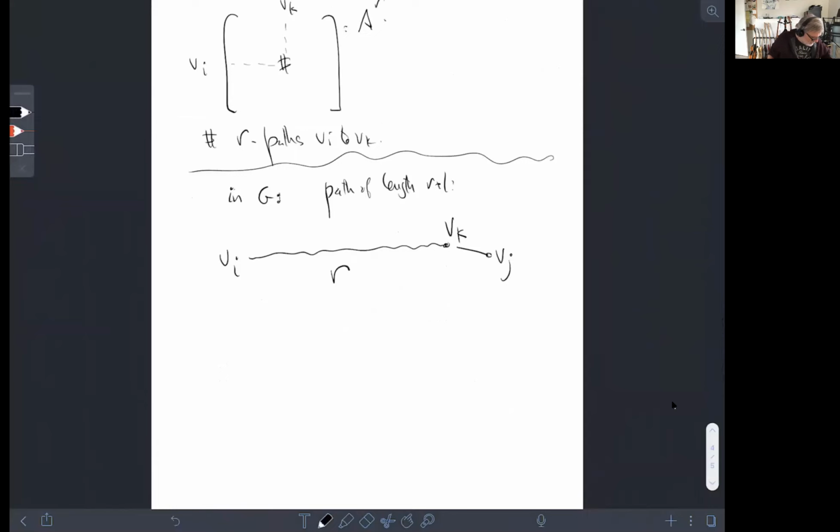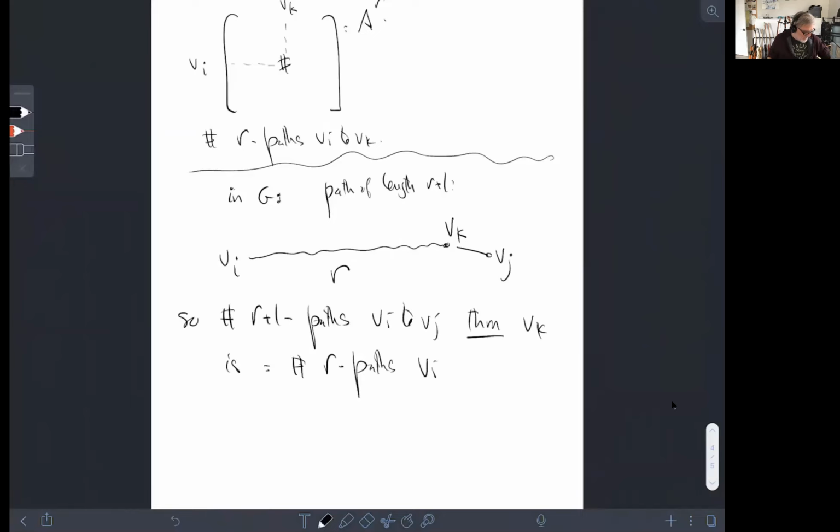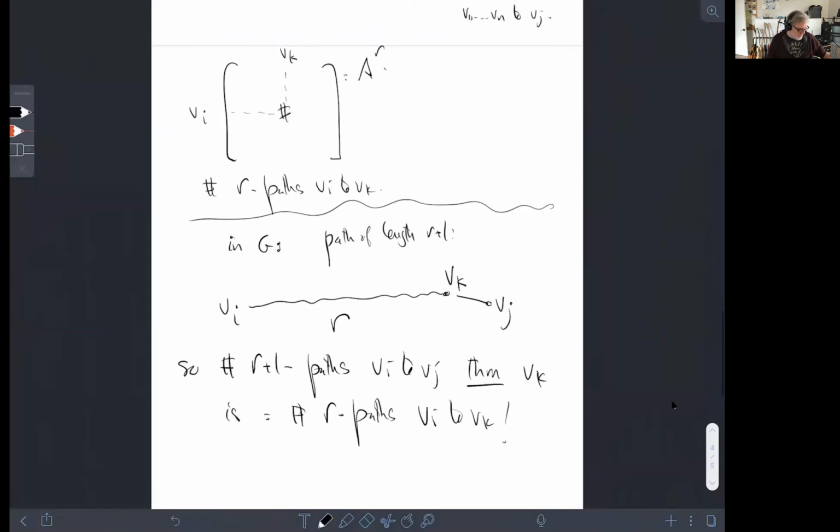So let's write that. The number of R plus 1 paths VI to VJ through VK is equal to the number of R paths VI to VK. If you understand this, the rest is, I mean, that's the key. That's the key idea. Okay.